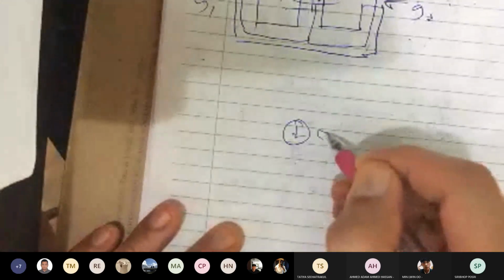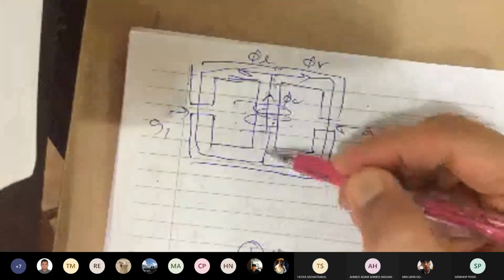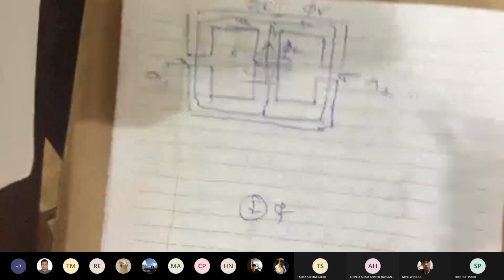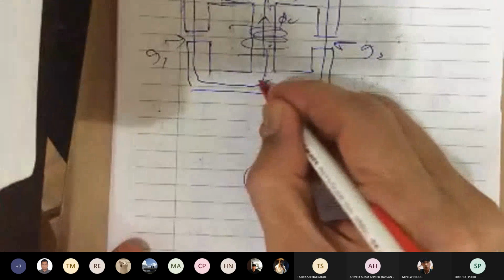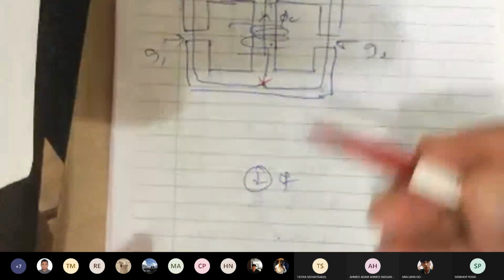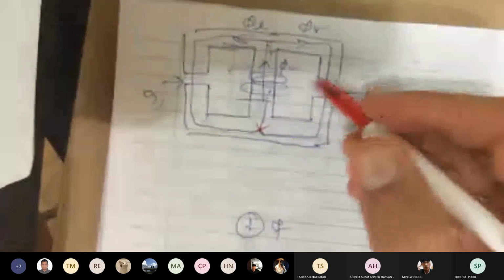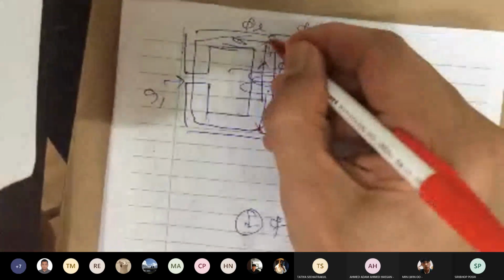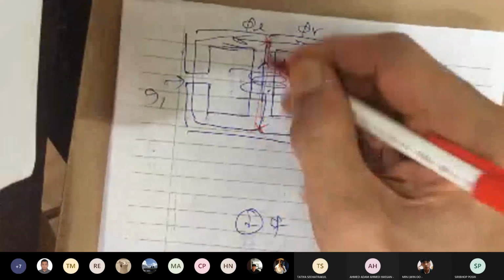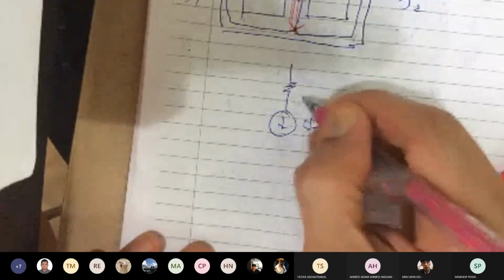So I get that magnetomotive force, phi C passing through from this point. Now don't get confused. I guess if we have time, next week we'll do one more. This is symmetrical, so it's kind of simple. So this is the length of the center core. Okay, so that's RC.